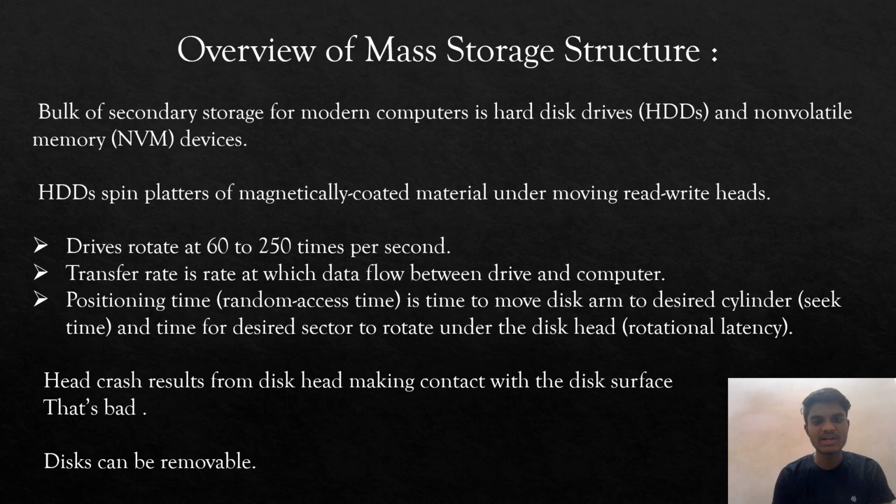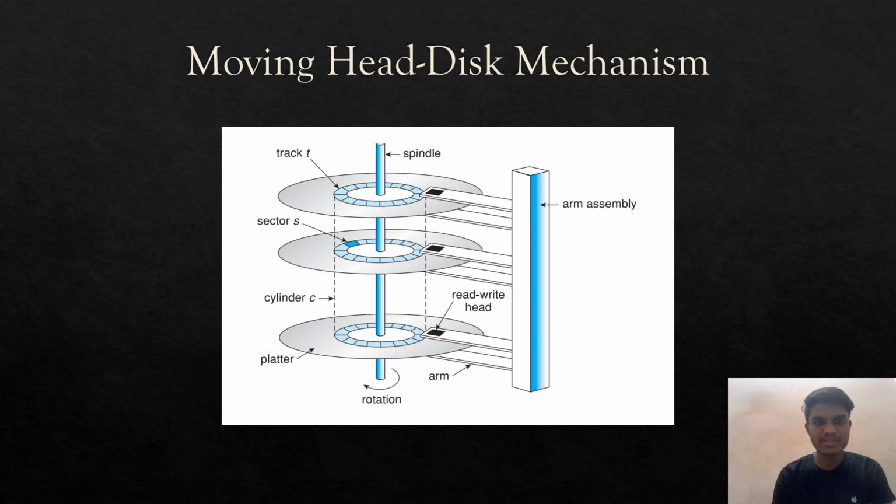Transfer rate is the rate at which data flows between the drive and the computer. Positioning time is the time to move the disk arm to the desired cylinder plus the time for the desired sector to rotate under the disk head. A head crash results when the disk head makes contact with the disk surface, and that's bad. Disks can be removable. This is the structure of the moving head disk mechanism.